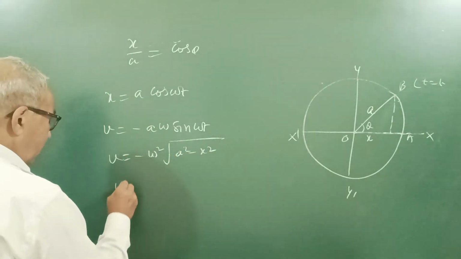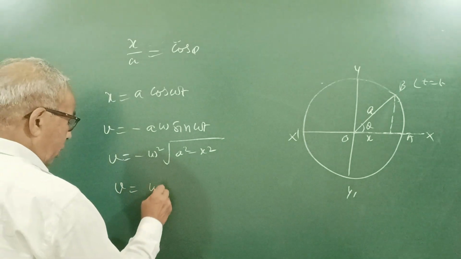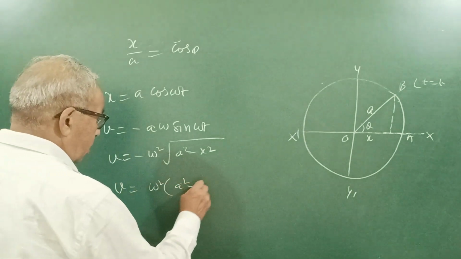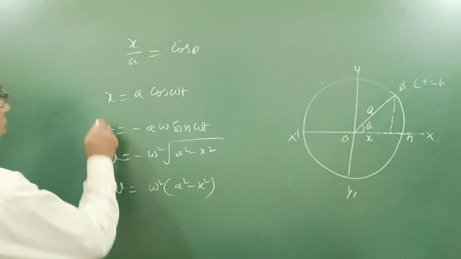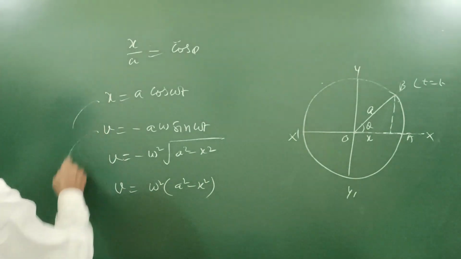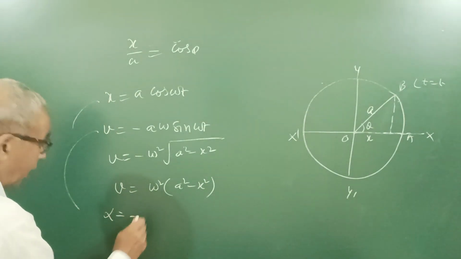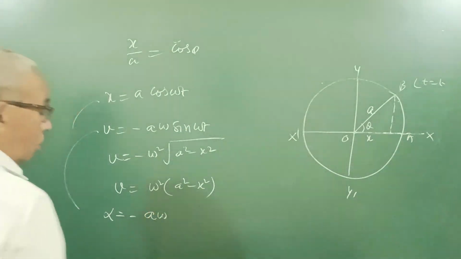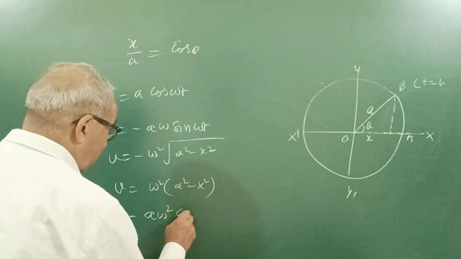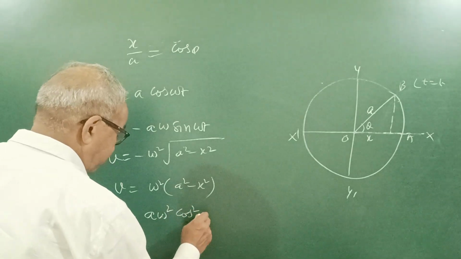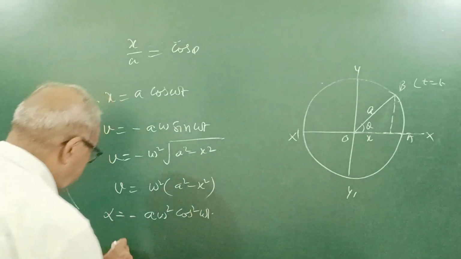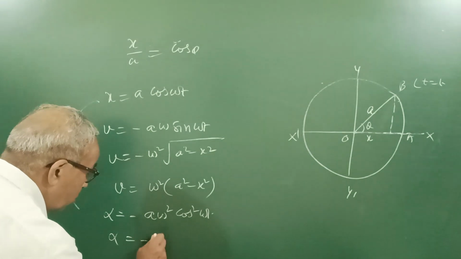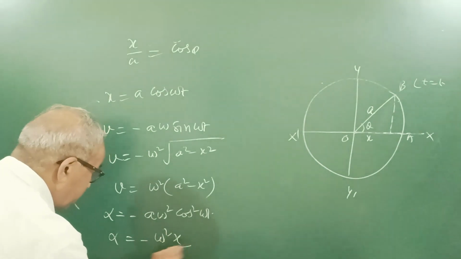But generally we write it without the minus sign. For acceleration, alpha equal to minus a omega square cos omega t, or you can write alpha equal to minus omega square x.